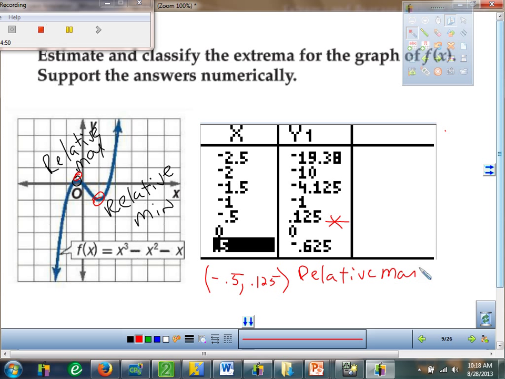Now on the other one we can see from the graph, but you could also do table values. By looking at it, I think we go over 1 and down 1, so we're at (1, -1) for our relative minimum. Minimum, not max.